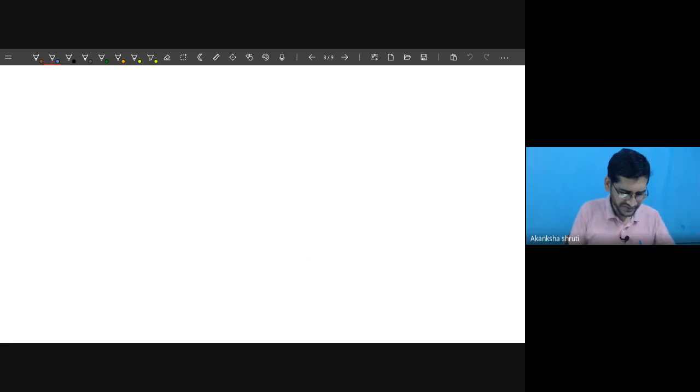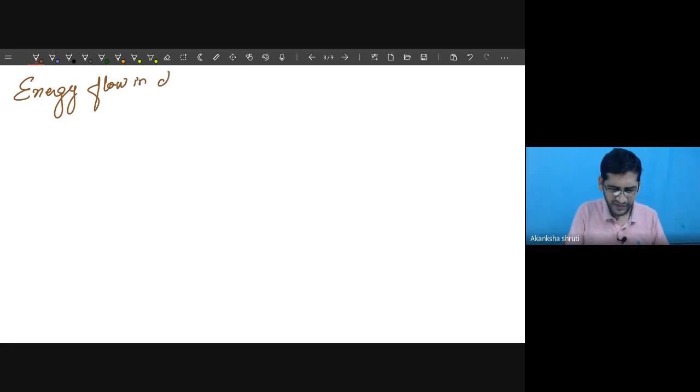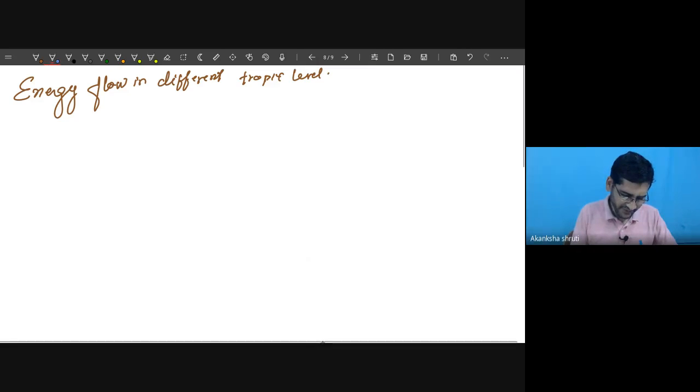So write: energy flow in different trophic levels. Students, this energy flow is required for maintaining life. That is one thing.